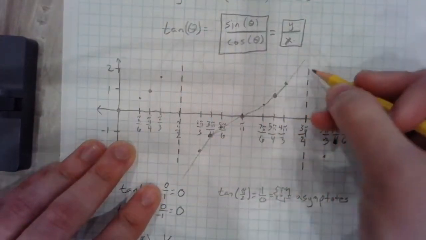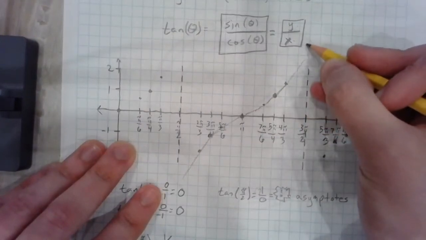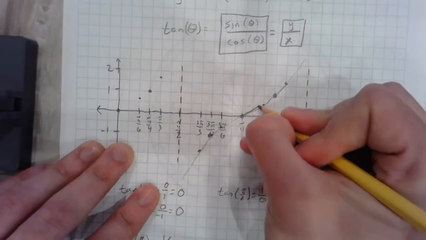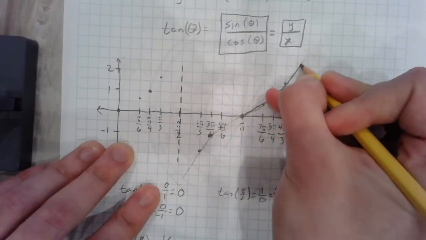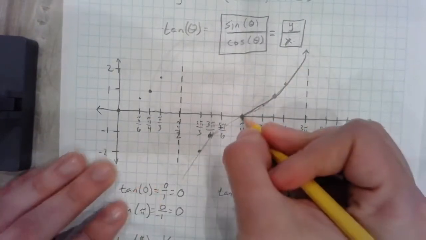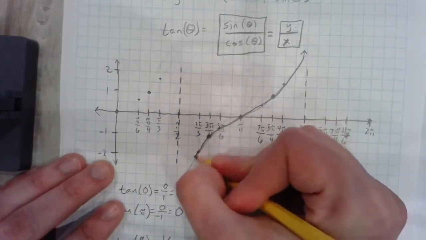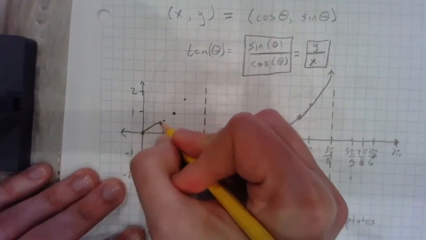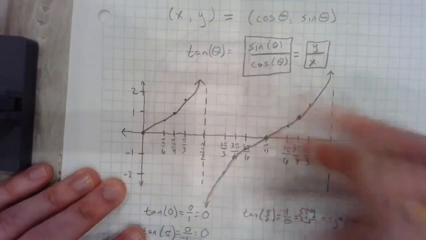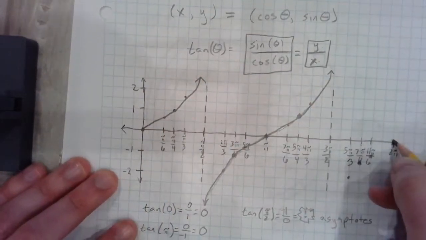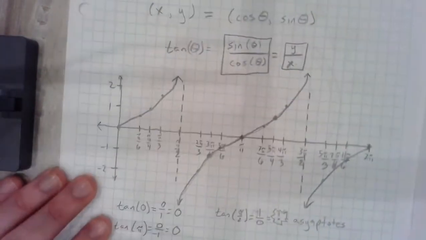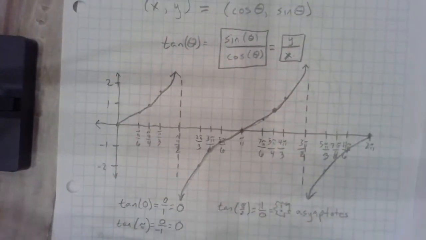It's going to go up forever, but because of this asymptote, as it gets closer and closer, it's going to continue to curve up. So this right here is going to continue to curve up, and then as we go to the left, it's going to continue to curve down. Same thing here, and same thing to the right. That is what the tangent function looks like.